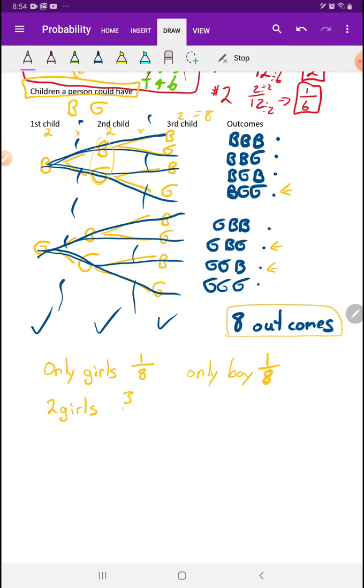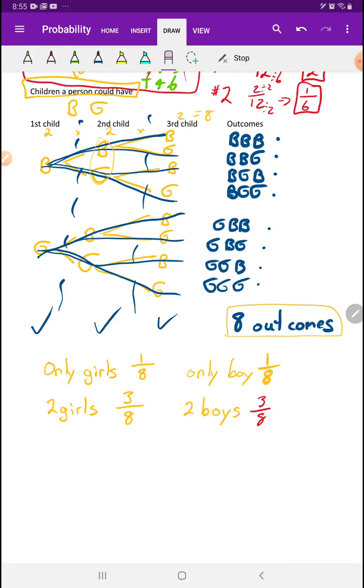So the 2 girl options is 3/8. And if you're curious, two boys have the same options. I'm just going to change color here. There's two boys, there's two boys, and there's two boys. Okay, that's also 3/8. See that? All right, and you can see that the only ones that are left are the girl, girl, girl, and the boy, boy, boy, as ones we haven't talked about for that one.